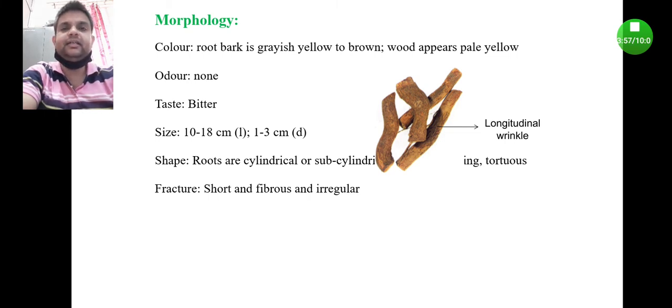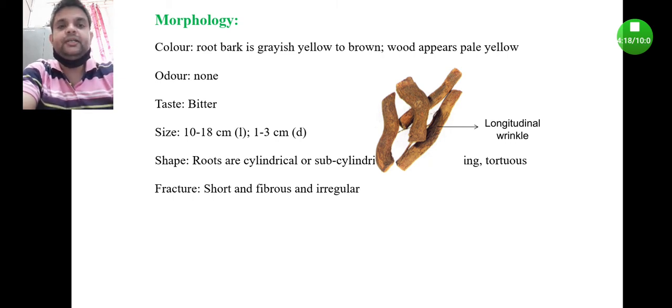Odor: generally the dried root does not have any odor, whereas the taste is bitter due to the presence of alkaloids. Its size is 10 to 18 centimeters in length and 1 to 3 centimeters in diameter. The roots are cylindrical in shape, or sometimes sub-cylindrical.